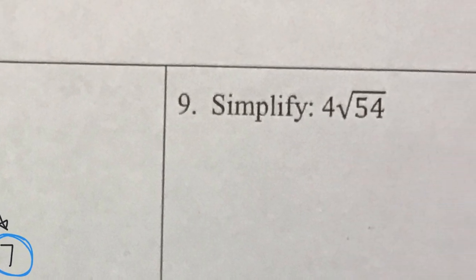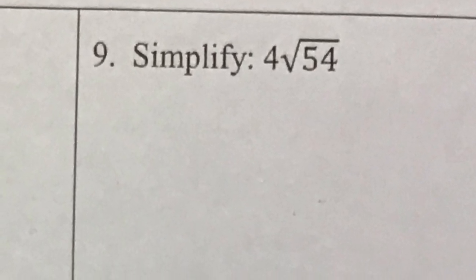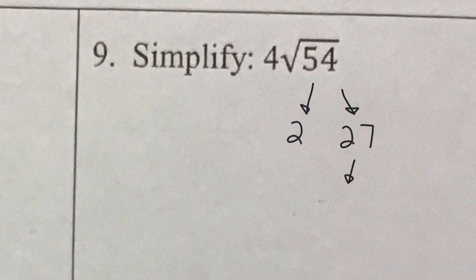Okay, and then similarly for 54, right? 54 is a pretty big number. I know for sure that it's an even number, so that means it's divisible by 2. And if I divide 54 by 2, I believe I get 27. Now 27 is not an even number, so it's not divisible by 2, but it is divisible by 3. 27 is 3 times 9.